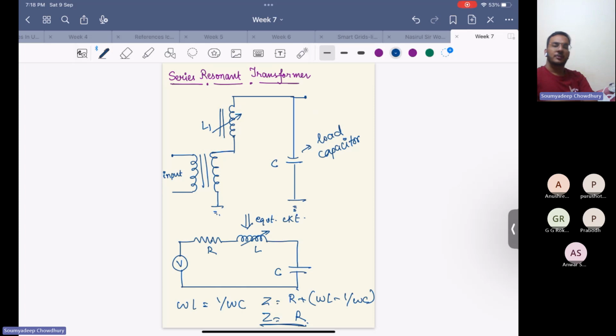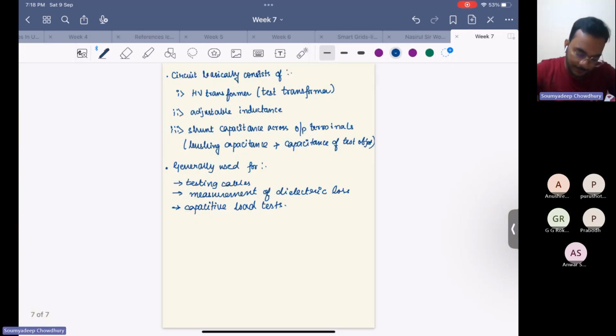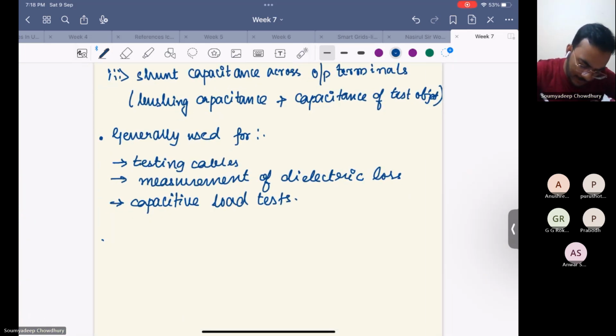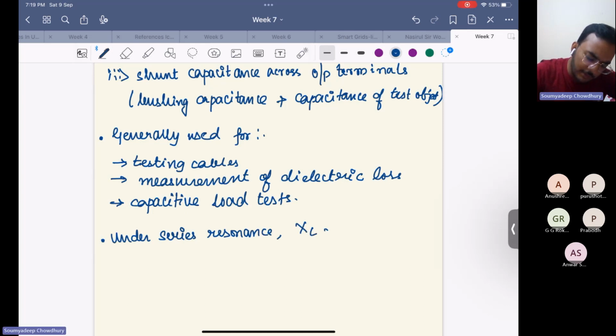So under resonance, XL will be equal to XC, that is, omega L equal to 1 by omega C. Net impedance is R plus XL minus XC.